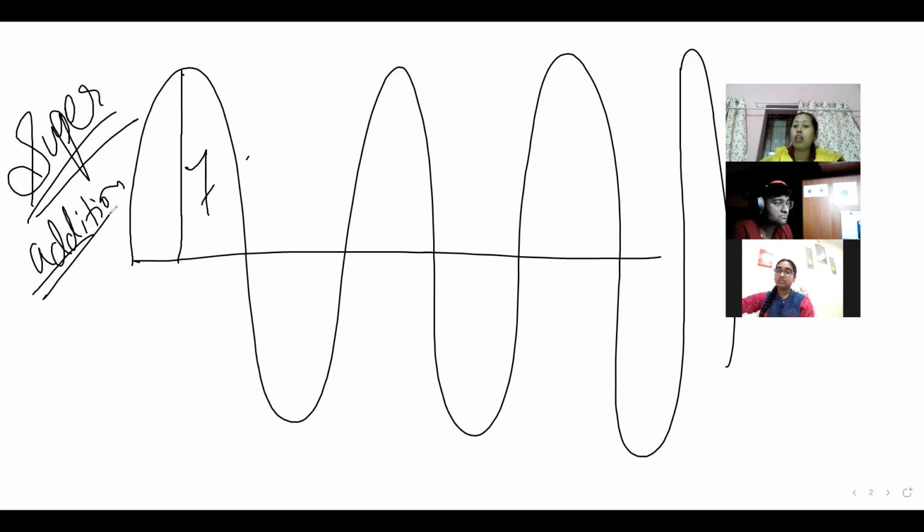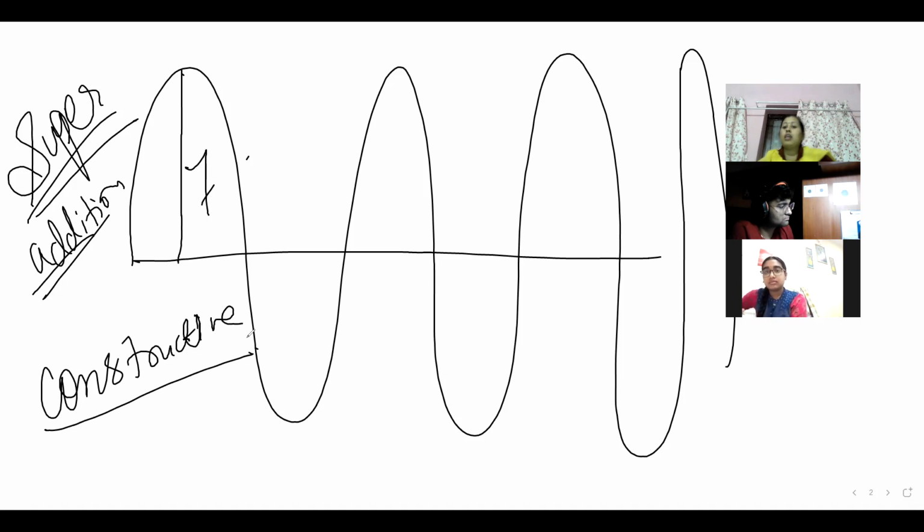Addition. Superposition means what? Addition. After adding all the coherent sources, that is, the same phase of waves, that is known as what? Constructive wave. Understood? What is constructive wave?